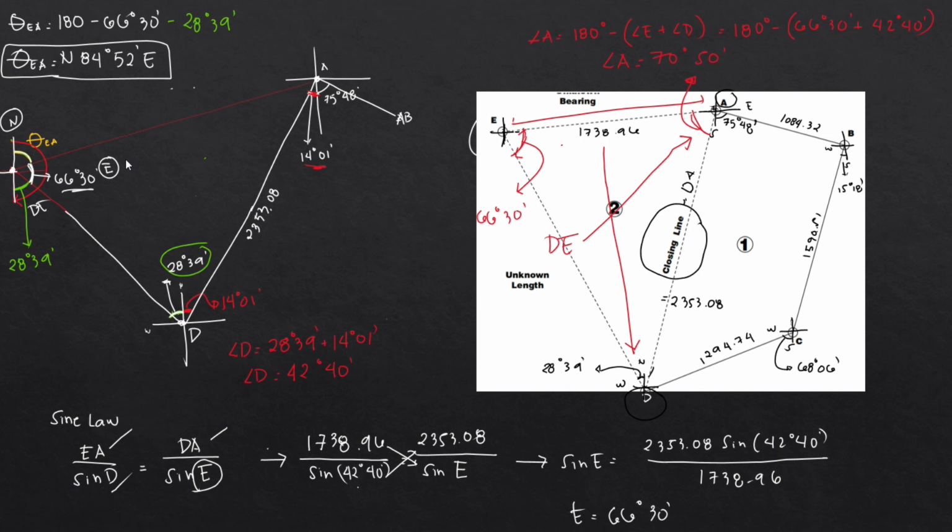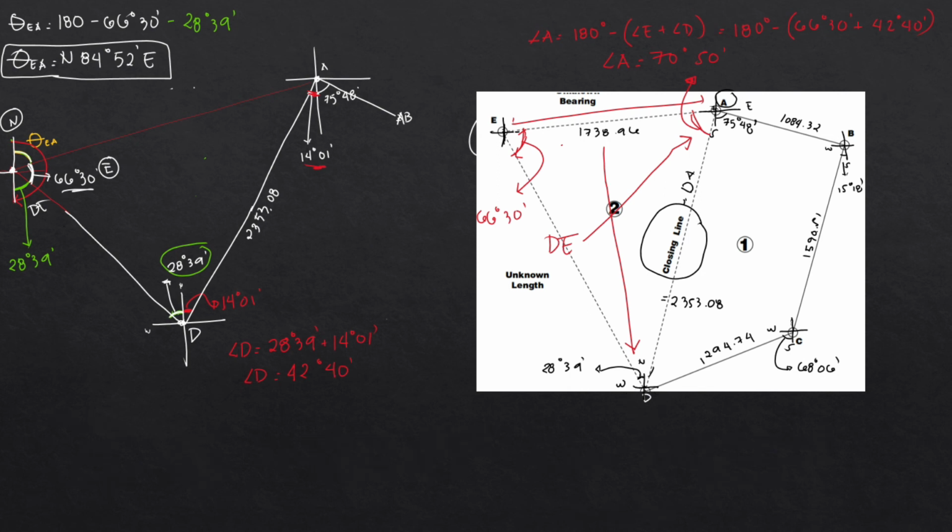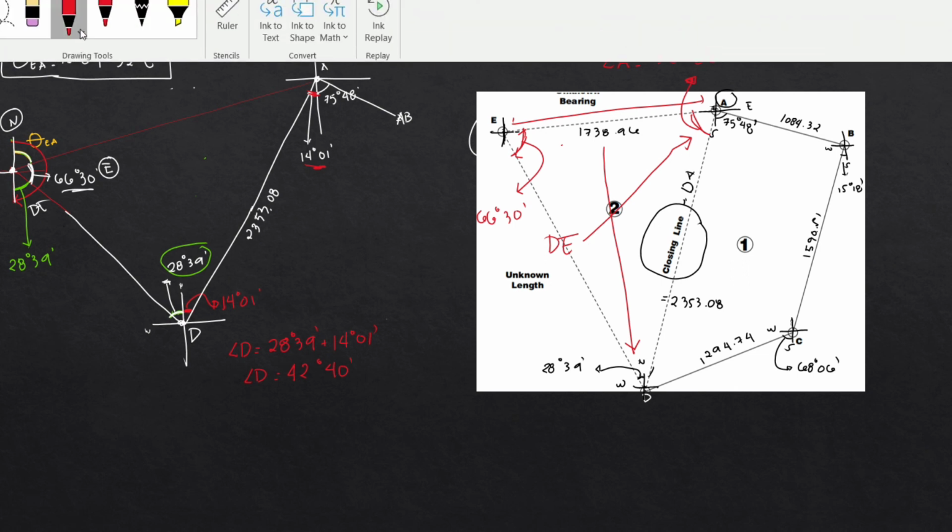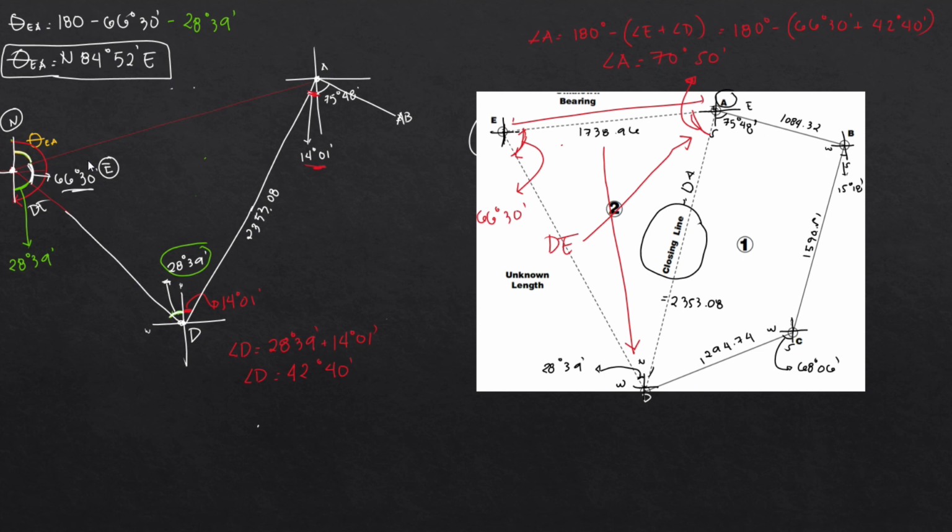Okay, so, side DE is equal to sine A, sine D over sine A is equal to ano pa yung given side natin? DA over opposite ng DA natin is E. Side E.